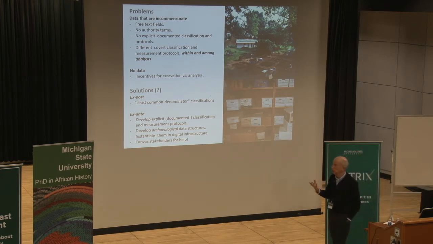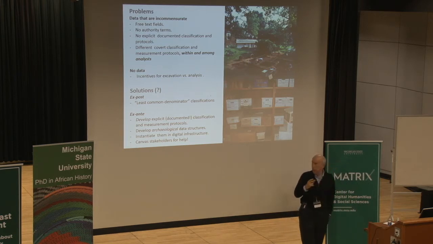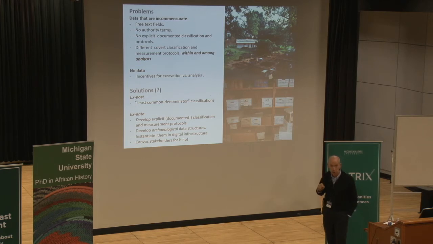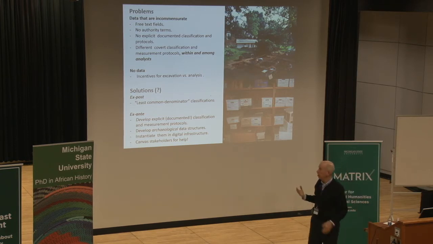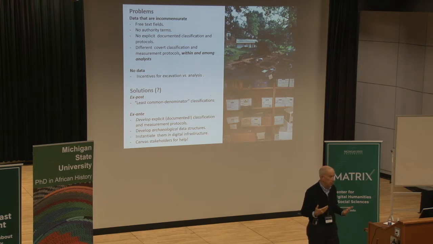So what are some solutions? Well, I think it's useful to think about 2 kinds of solutions, and the first is the ex post solution. That is to say you try to put together legacy data as it comes from individual researchers, bang them up together and come up with what we might call a least common denominator classification that would allow you to do quantitative analysis and assemblage comparisons.